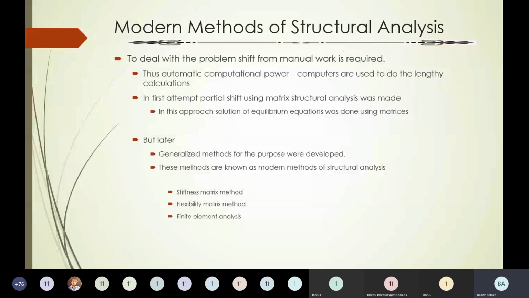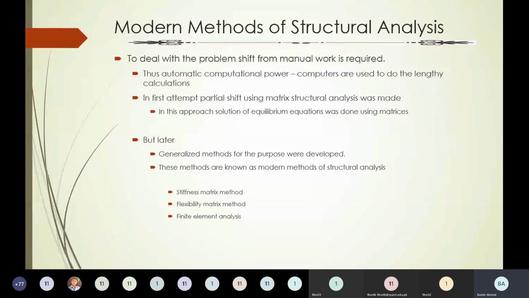If we have learned matrix structural analysis, then modern methods of structural analysis become very easy. So what we have to do, we have to at least touch matrix structural analysis, to see how matrices can be used in our subject.